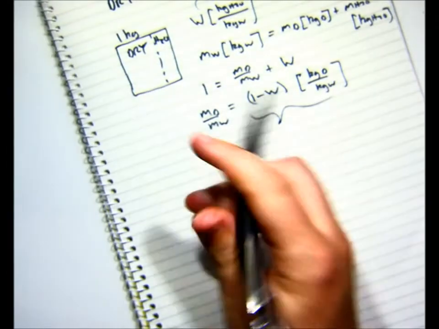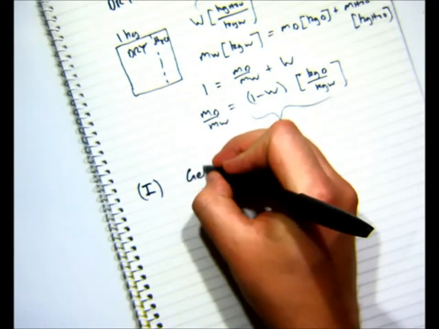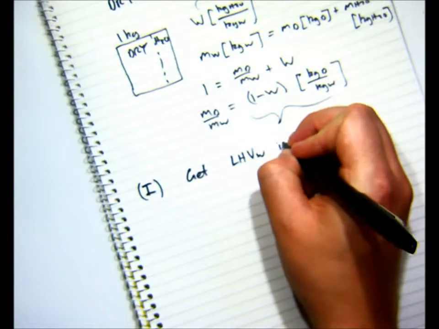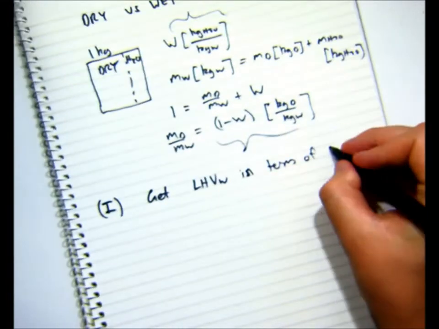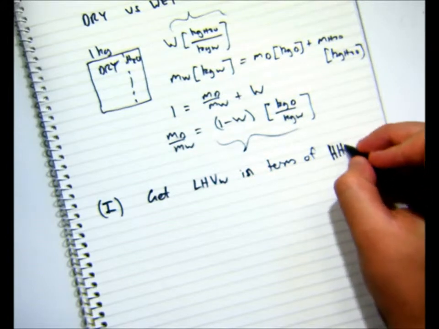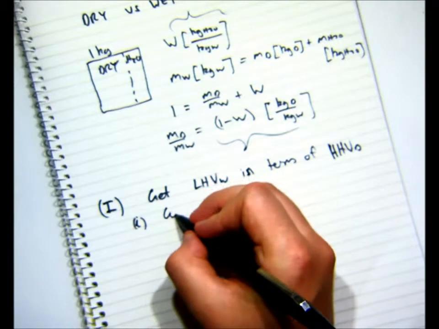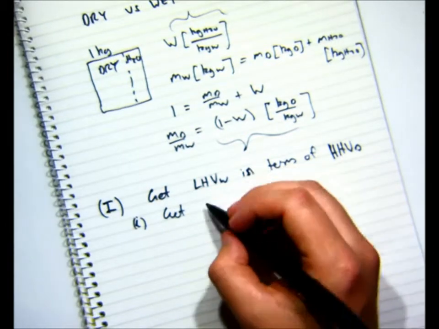So our first goal, which is to get LHV wet in terms of HHV dry, will break up into two tasks. First, let's account for the change between higher and lower heating values.